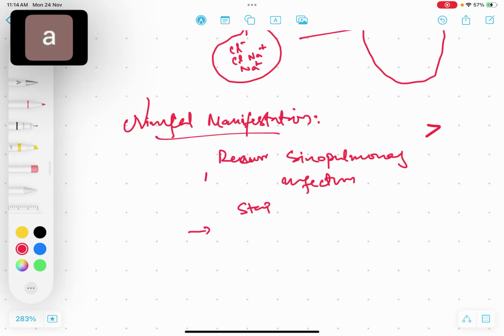You'll have a chronic productive cough, right? Pancreatic insufficiency. Yeah, it can also cause pancreatic insufficiency.